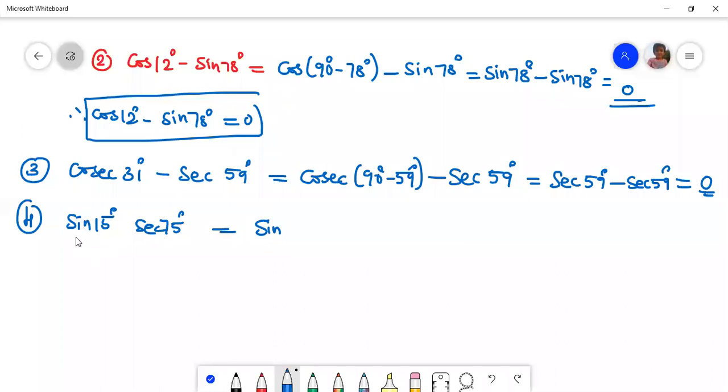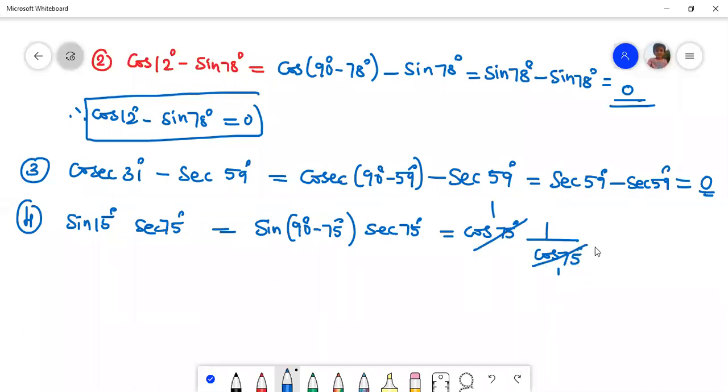If you change the sine, you write sine of (90 degrees minus 75 degrees) times secant 75 degrees. By the complement angle, sine (90 minus x) degrees equals cos x degrees, that is cos 75 degrees. Secant is nothing but 1 by cos x, that is 1 by cos 75 degrees. Cos 75, cos 75 cancel, then it is equal to 1.